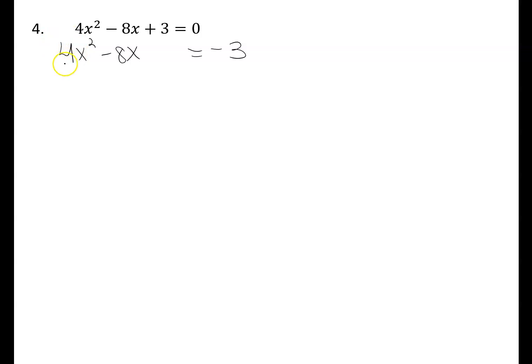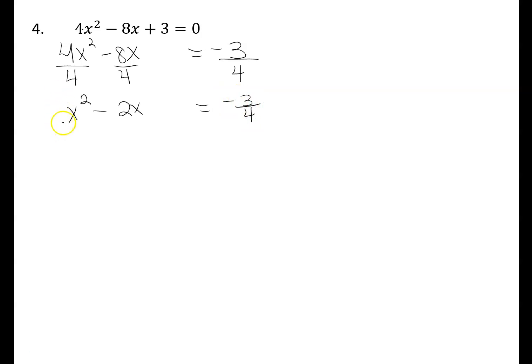Whenever it's not a 1, we have to divide every term by that coefficient of the x squared. So that now it does become a 1 in front of the x squared minus 2x. We still need our space. And here it's going to be a fraction, negative 3/4.